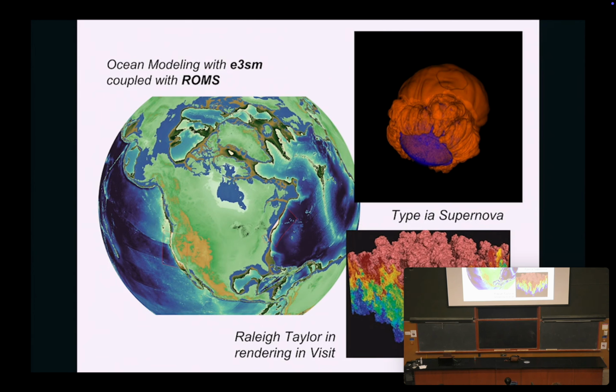In the top right, we have a supernova. This class of code is used all over, right? This is astrophysics, and I had another mentor who worked on a similar supernova simulation, and then he just changed fields. The bottom right is Rayleigh-Taylor instability.